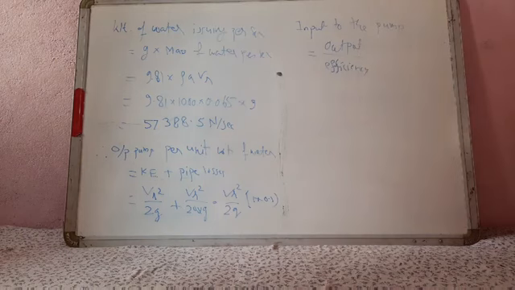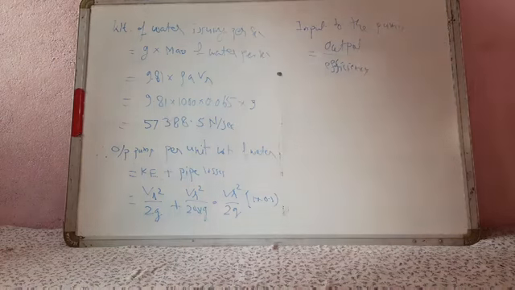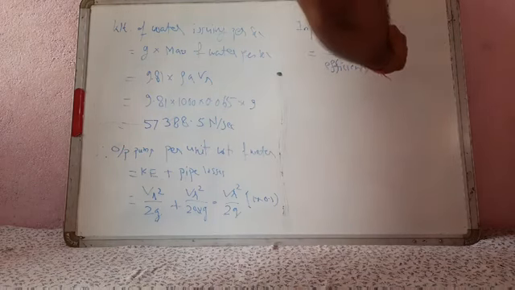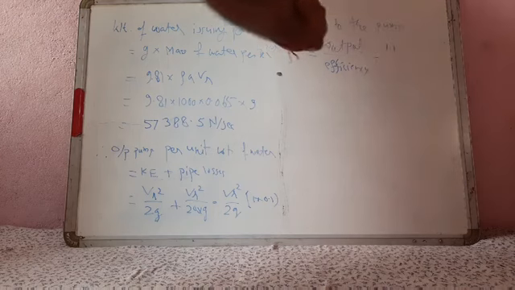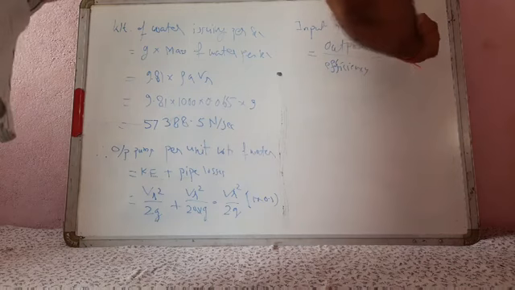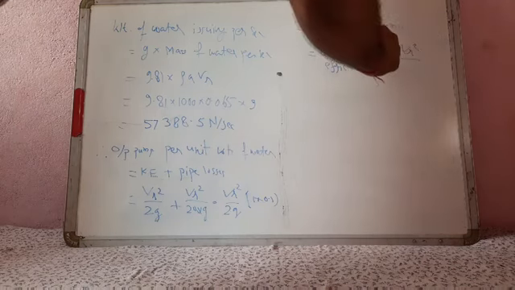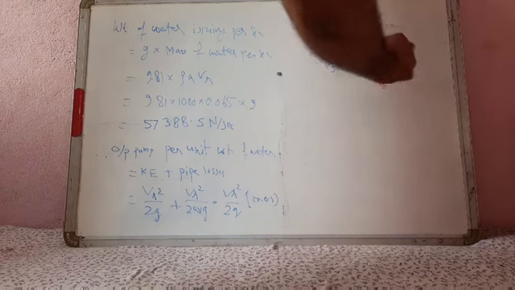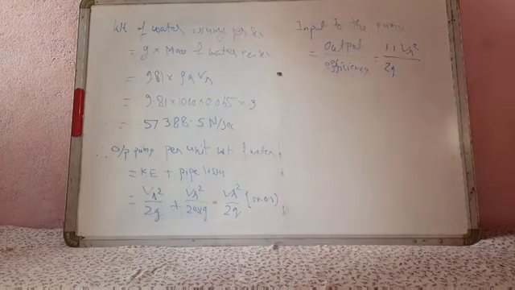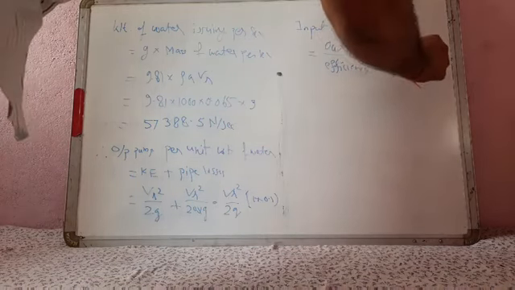As we know, efficiency equals output by input. Now putting the values, 1.1 VR square by 2g, and this efficiency is given as 0.65.